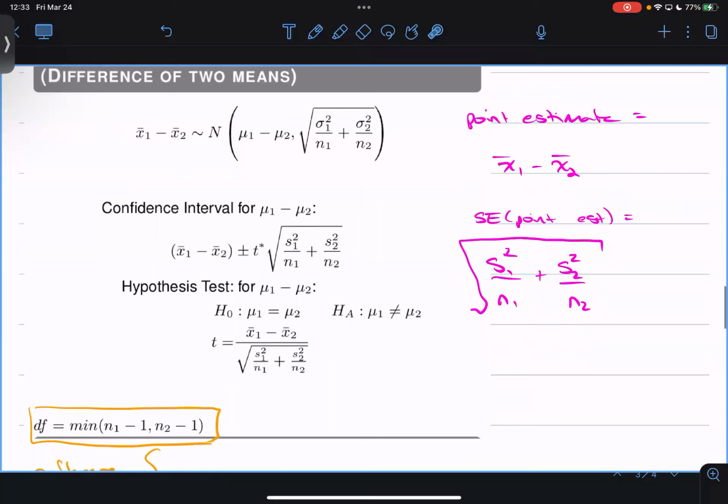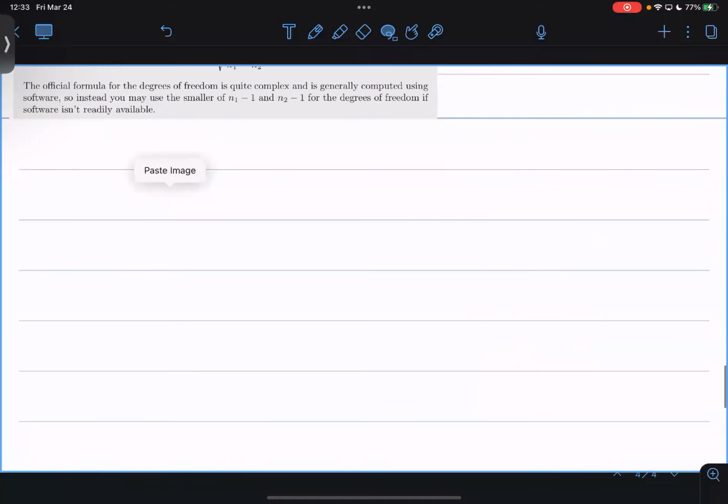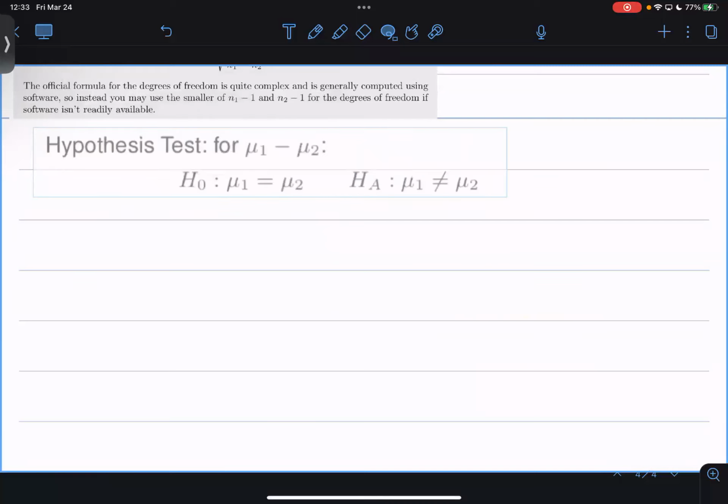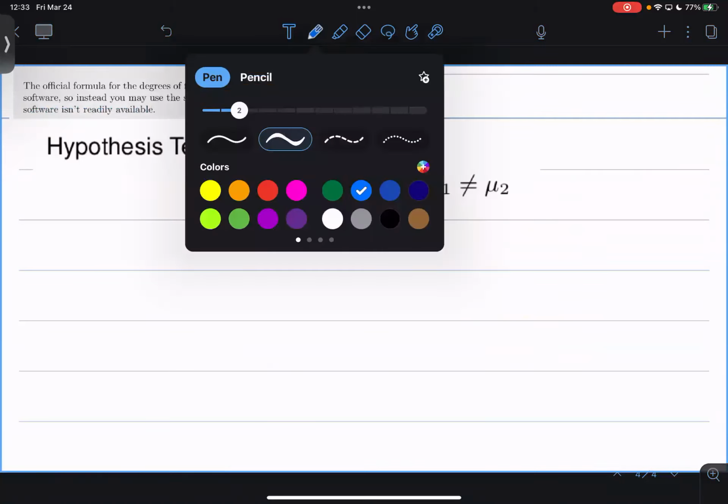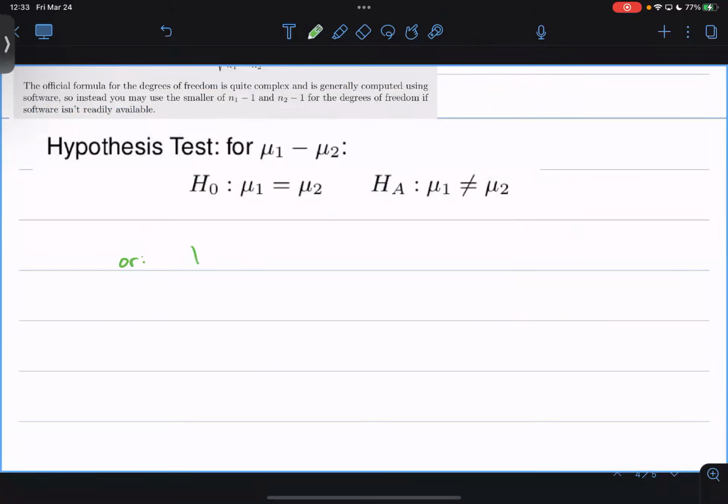Same thing for the null hypothesis or the hypotheses. I'll grab this because I want to talk a little bit more about it. Or if you prefer to talk about the actual parameter that we're trying to estimate, mu1 equals mu2 means that mu1 minus mu2 must be 0.